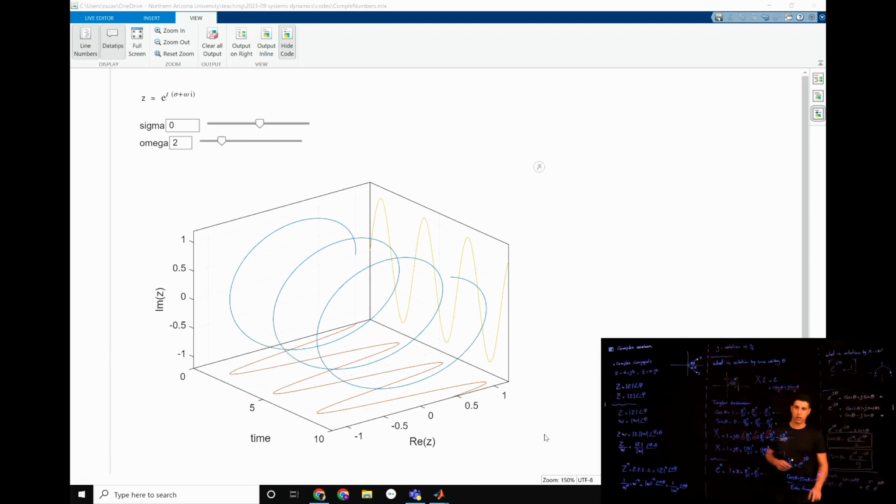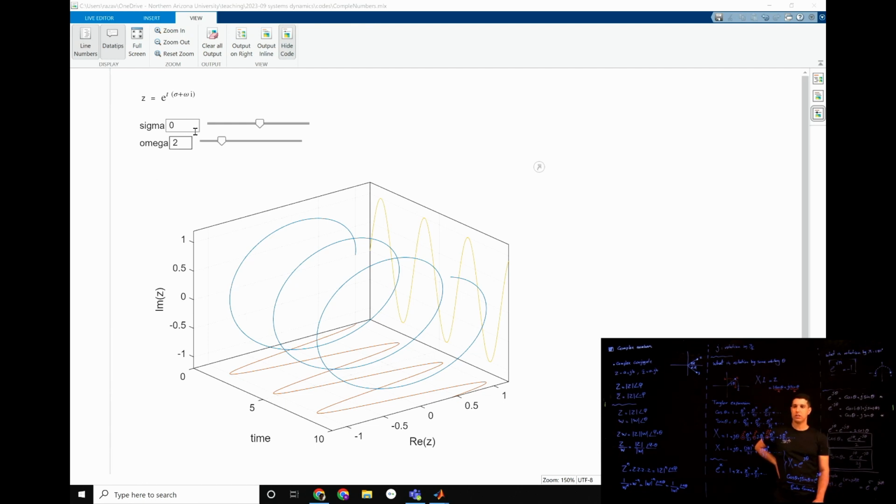Okay, here I have the same number, z equals e to the sigma plus j omega times t. And on the bottom, I'm just visualizing how that number is changing. What I'm plotting here is the real and imaginary part of this number as time progresses along this time axis.